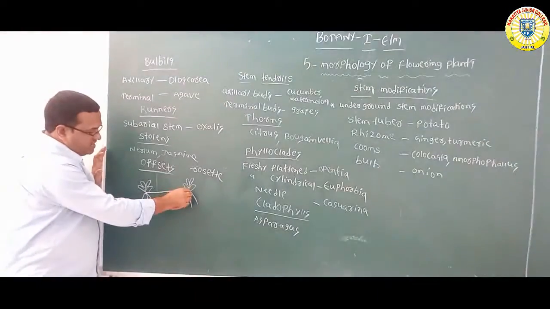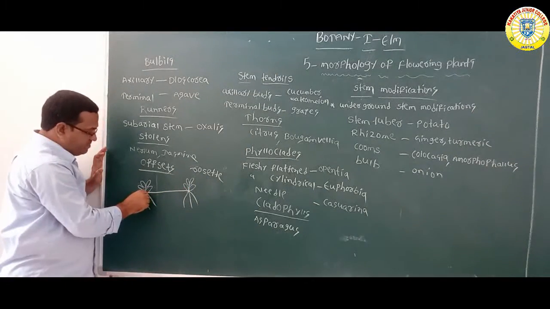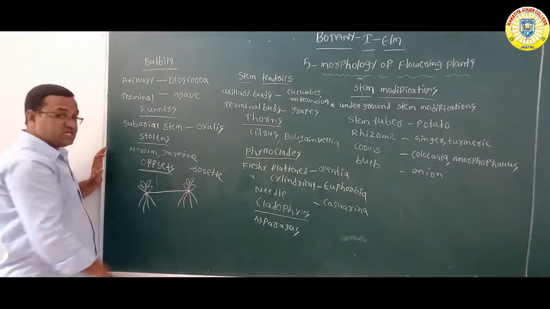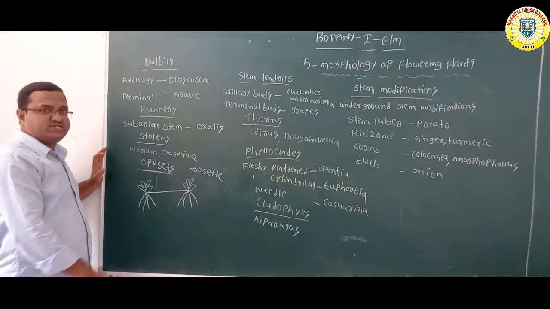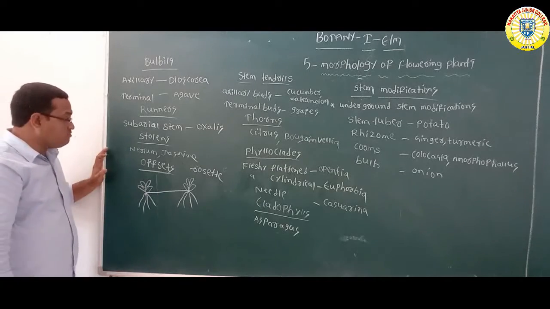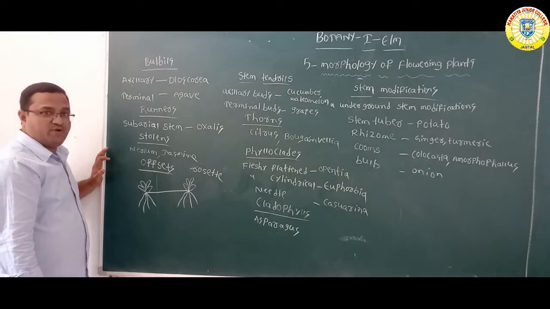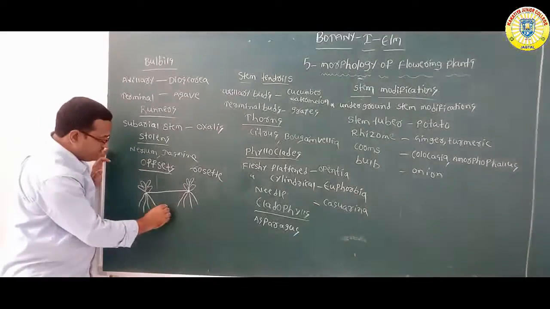This type of arrangement is called an offset. Best examples: Pistia and Eichhornia.